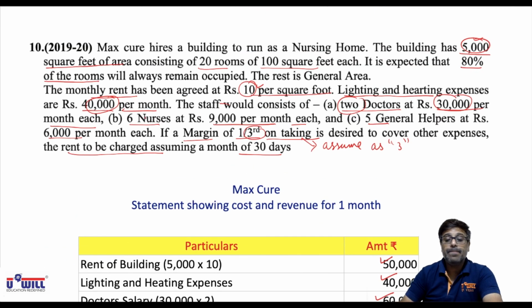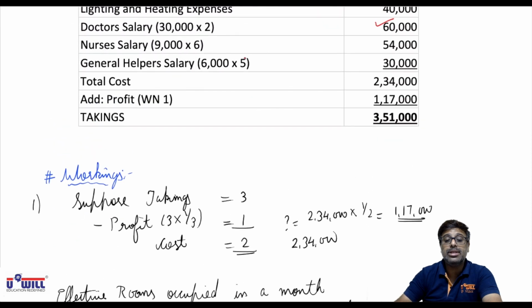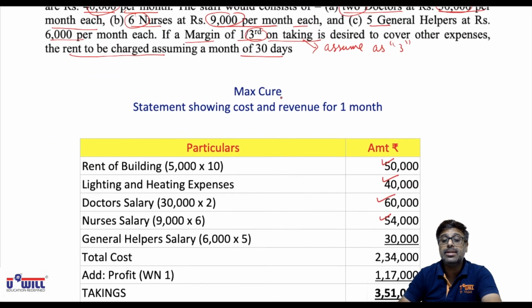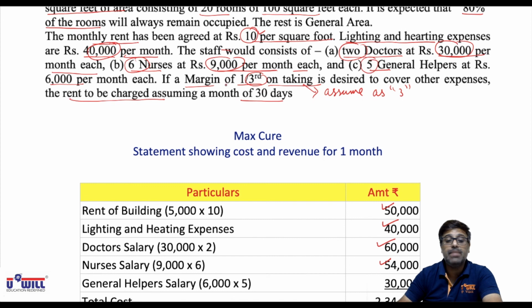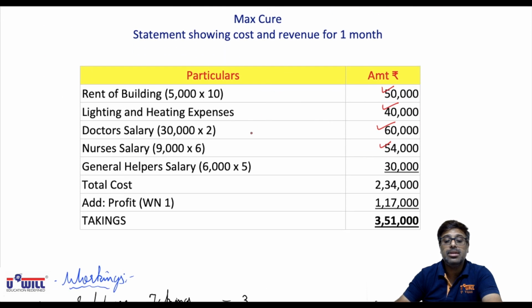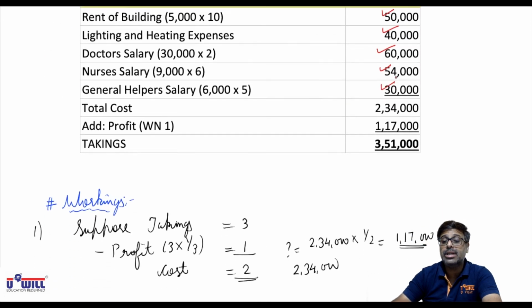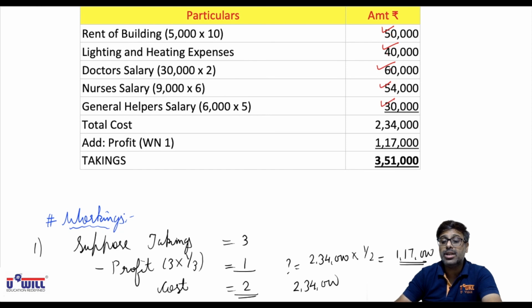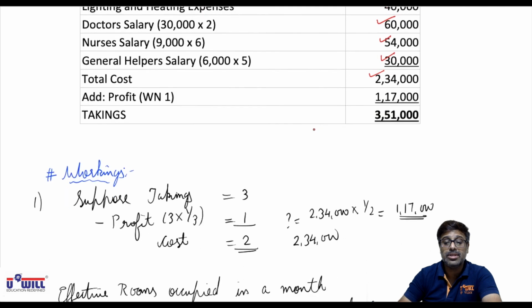Then 6 nurses at 9,000 per month. So 9,000 into 6, it comes to 54,000. Then 5 general helpers at 6,000 per month. So 6,000 into 5, it comes to 30,000. 50,000 plus 40,000 plus 60,000 plus 54,000 plus 30,000 is 2,34,000.